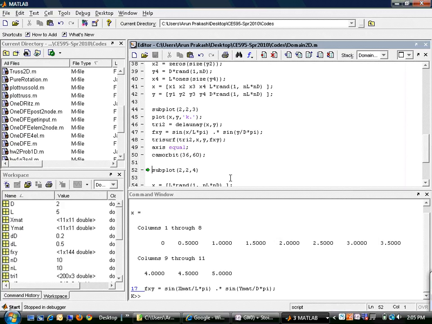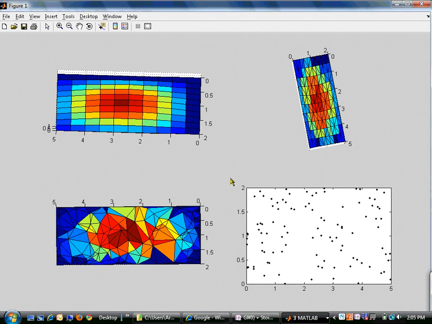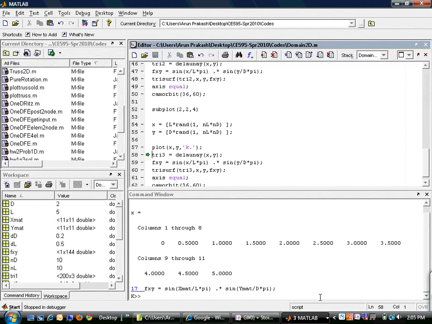Let's take one last look at a general sort of domain. These were both square domains. If I create a non-square domain, this domain I can just define with some points anywhere in the domain, and I can create a triangulation for that.